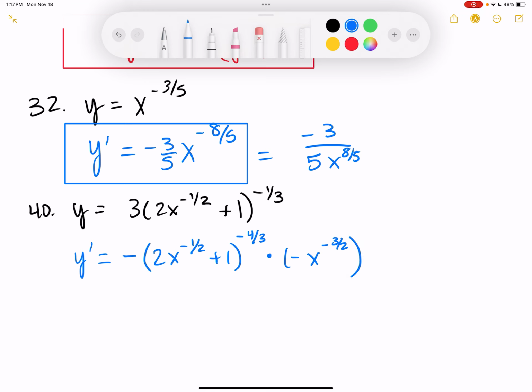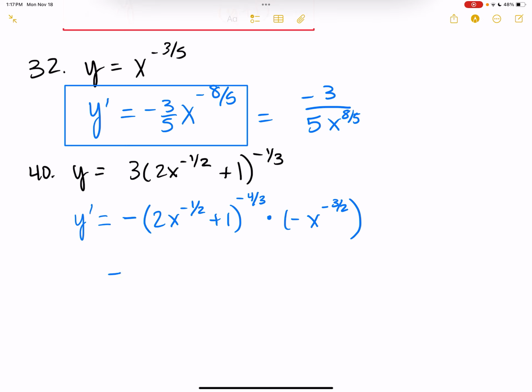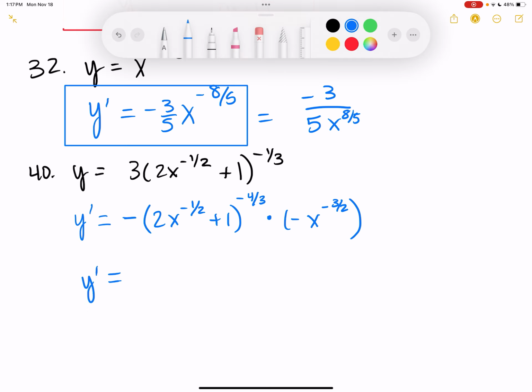It's the fractions that get me. So then I would just multiply negative and negative here. Negative 3/2 times 2x to the negative 1/2 plus 1 raised to the negative 4/3. And I would leave it there.